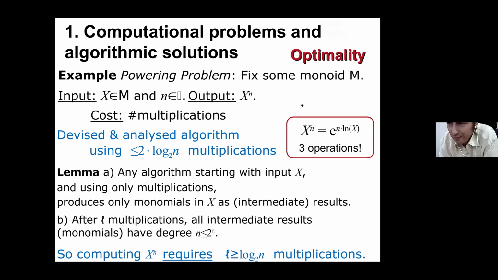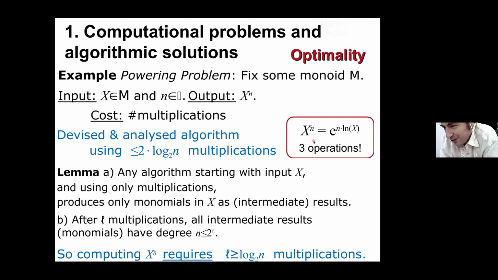But you must be careful. For example, this is written in some monoid. When x is an element in a monoid, you have to say what ln of x is, and this becomes a more complicated problem. So this calculation here has its own problems.